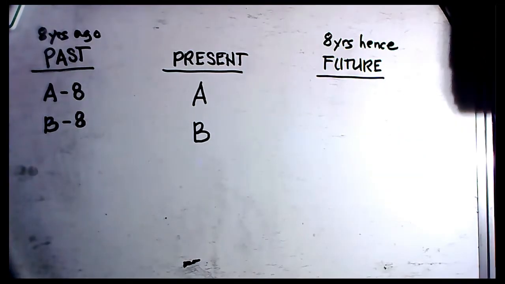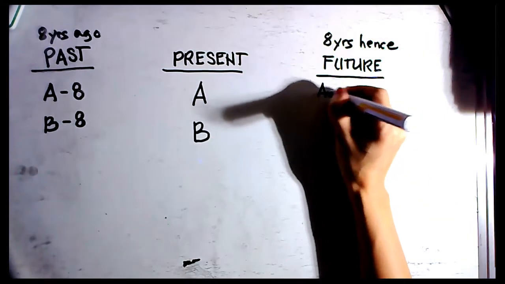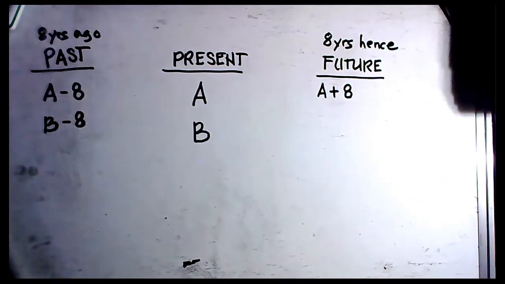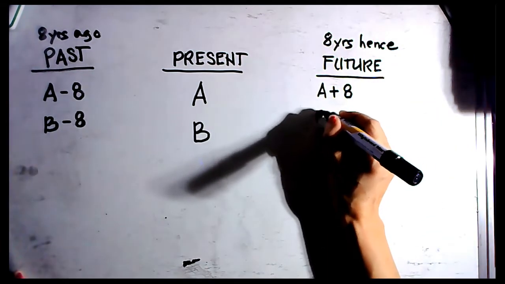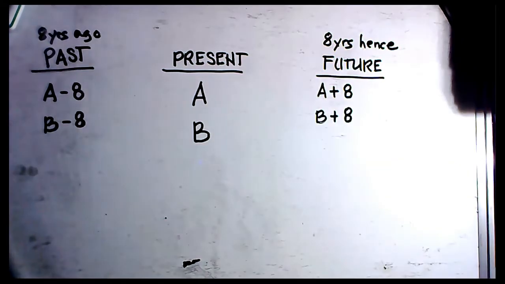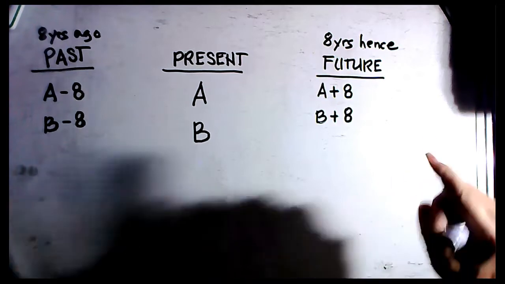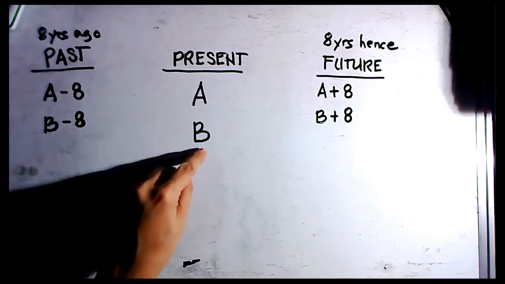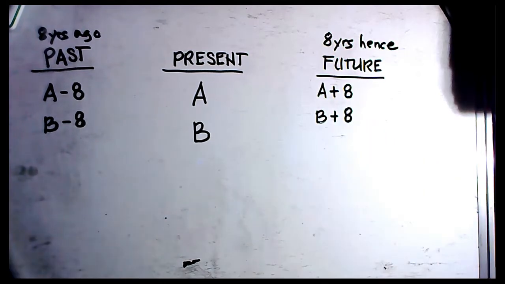For the future, we add 8 years to A, and we also add 8 years to the age of B. So those are the ages of A and B 8 years ago: A minus 8 for A, and B minus 8 for B. And 8 years hence, the age of A will be A plus 8, and the age of B will be B plus 8.